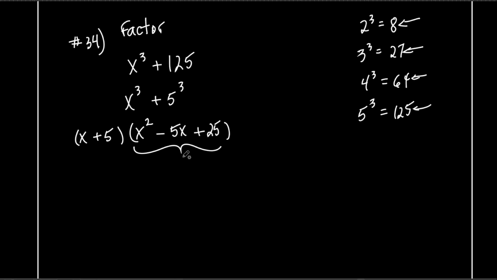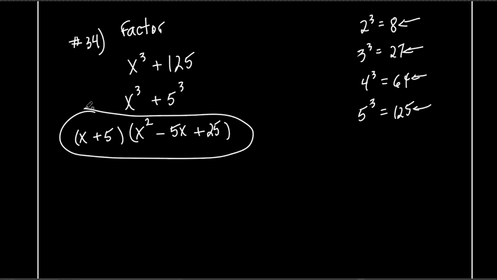Is there anything times anything that equals positive 25, and those same two numbers multiplied together is negative 5? No. 5 and 5 is not going to give you negative 5, is it? And 25 and 1 is not going to give you negative 5. So that's already factored. You can't go any further, so I would just circle that, and that would be my answer.